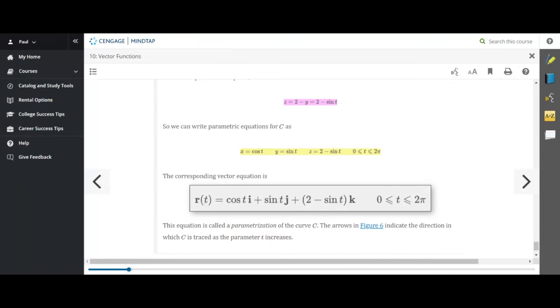They're using the IJK vector notation. That's the parameterization of your curve. But sometimes we just have the parametric equations as component notation. All right, are there any questions? Okay, let me go ahead and stop the recording then.